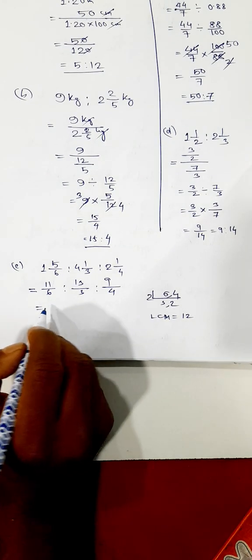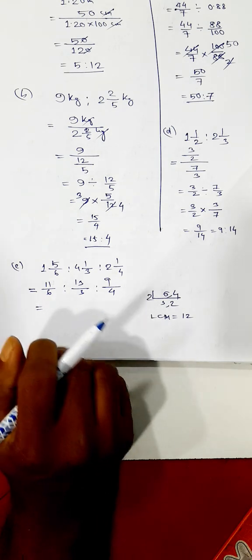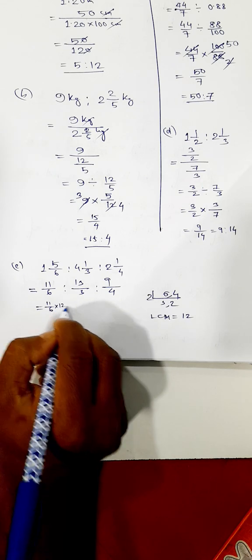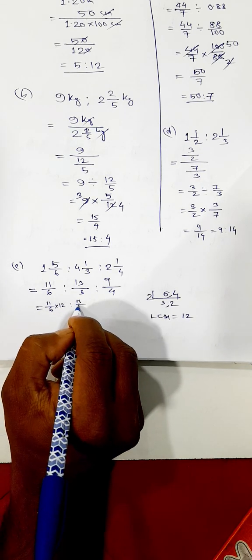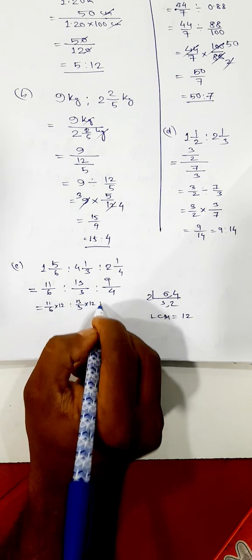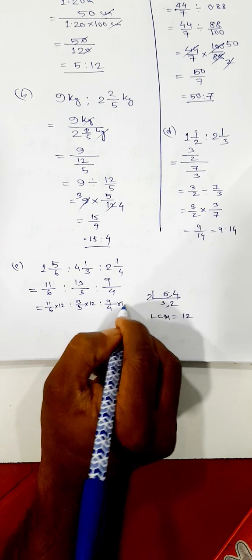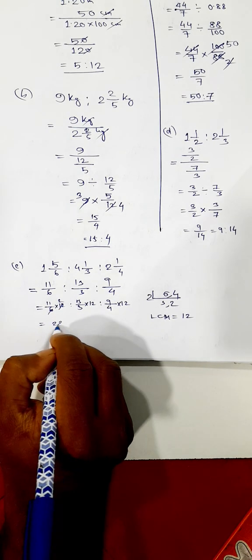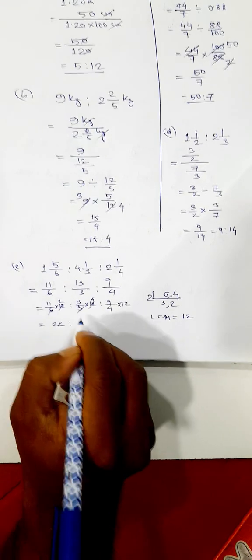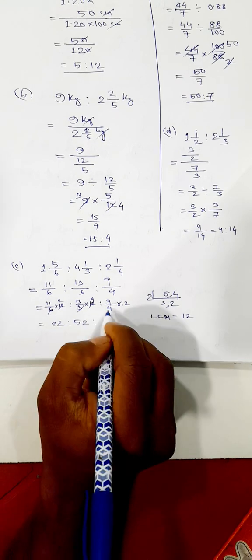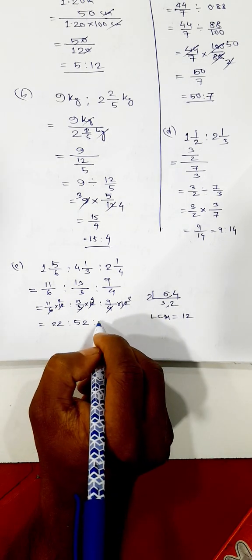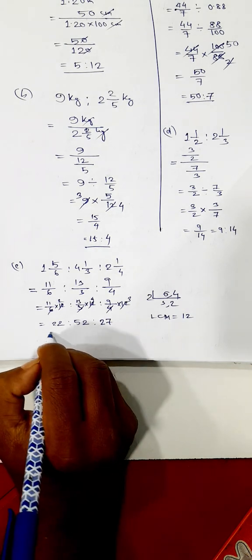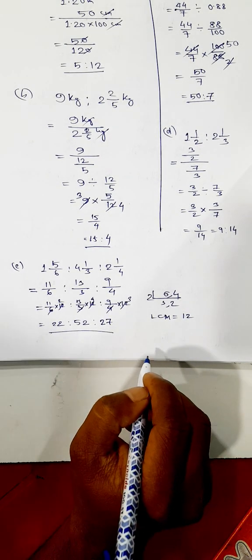So let's multiply 12 with all these fractions. 12 is to 13 by 3 multiplied by 12 is to 9 by 4 multiplied by 12. 6 2s are 12, 22 is to 3 4s are 12, 4 13s are 52 is to 4 3s are 12, 9 3s are 27. So this is the ratio in simplest form.